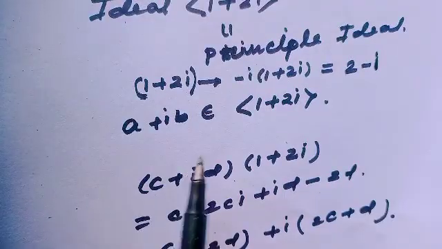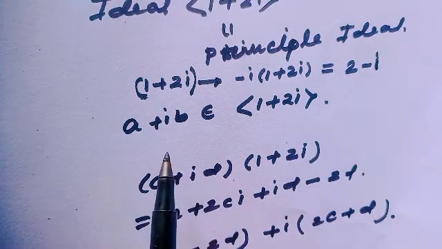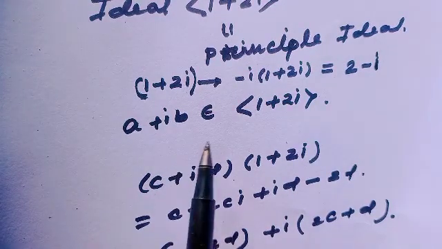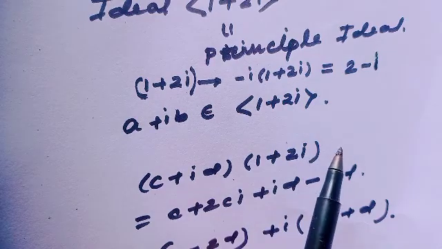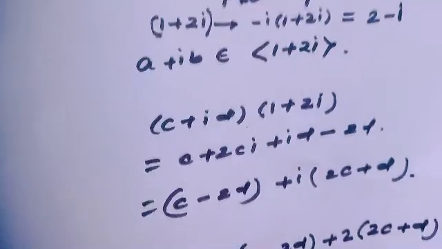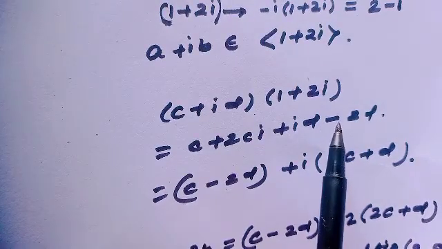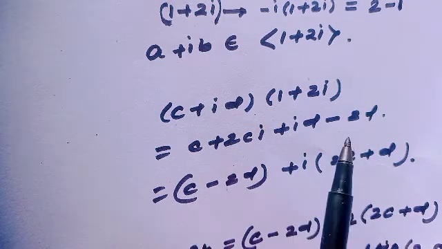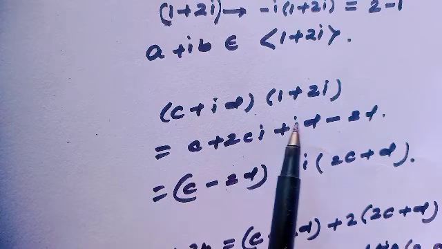And since this is a principal ideal, if A plus iB belongs to the ideal generated by 1 plus 2i, then obviously all multiples of 1 plus 2i are members of this ideal. That means this looks like C plus iD times 1 plus 2i.